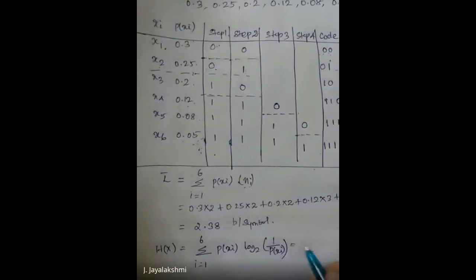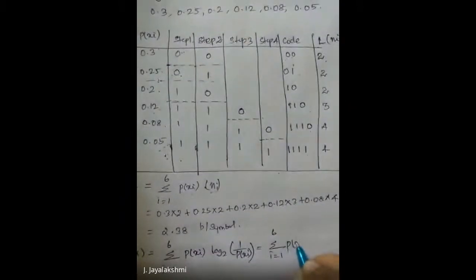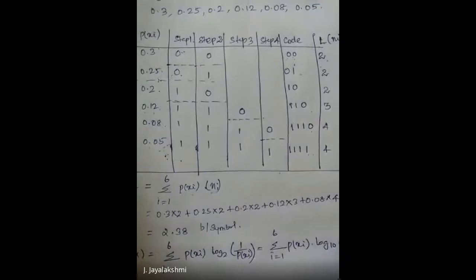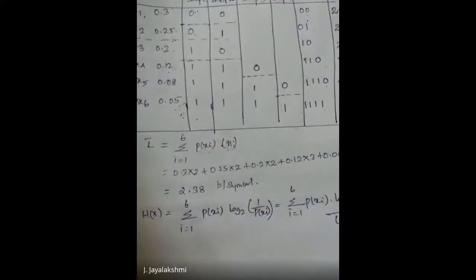Or in other words, it is summation i equal to 1 to 6, probability of xi log to the base 10 of this value, probability of xi, divided by log of 2. Okay, so this is the formula for calculating your entropy.